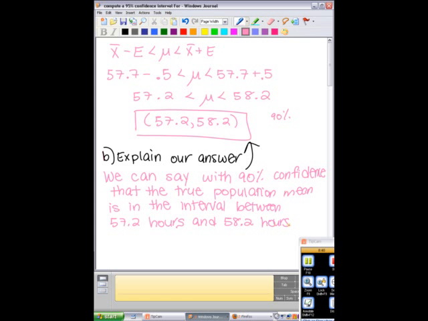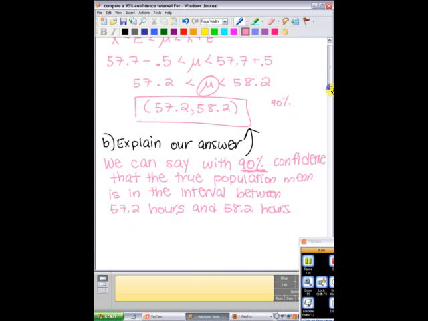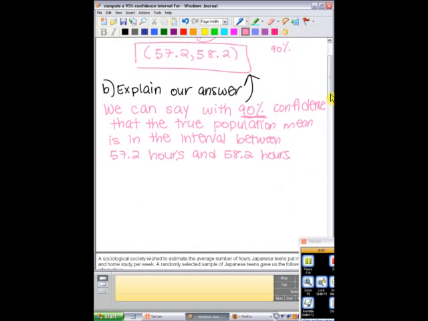So that's just in words what our answer means. We can say with 90% confidence that the true population mean, our mu, is in the interval between 57.2 and 58.2. And it really helps to put in our units. So here we're talking about hours.